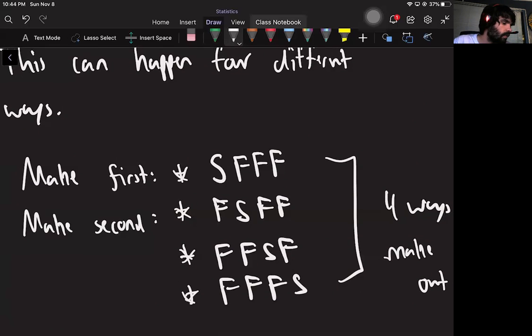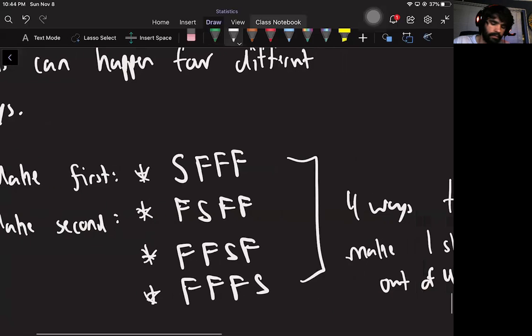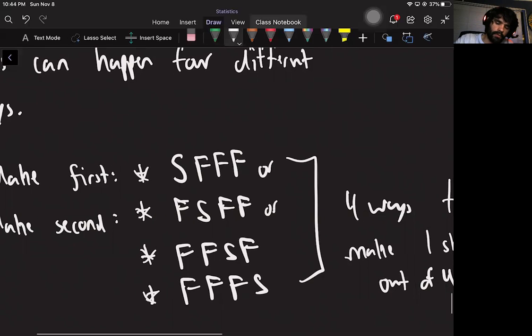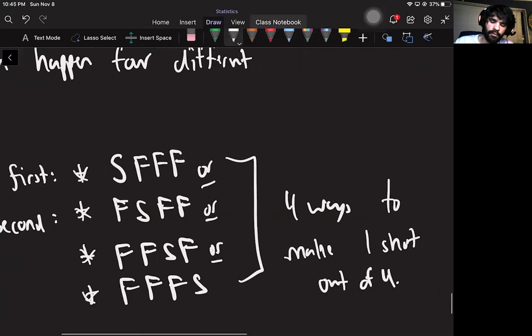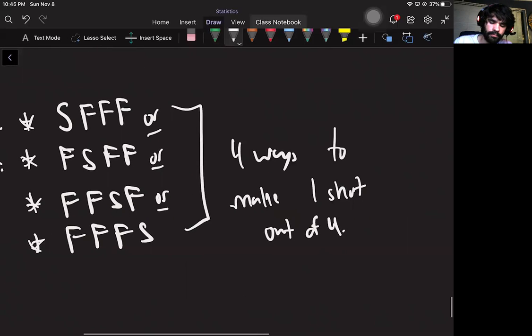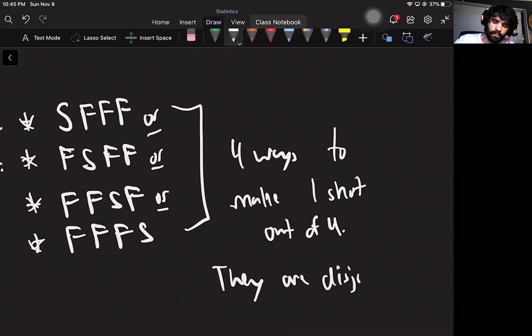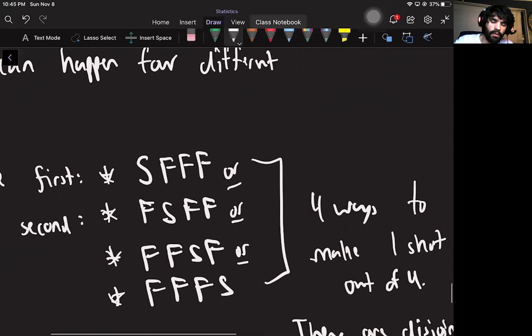And the key word here is or. This or this or this or this has to happen. And these four ways are disjoint. These are all disjoint events. Meaning if I throw 4 free throws, only one of these 4 can happen at that time.